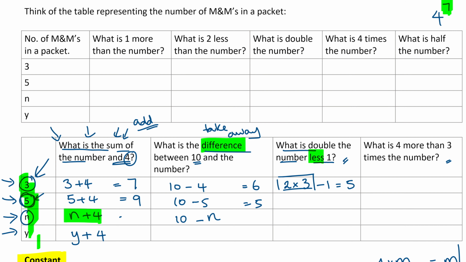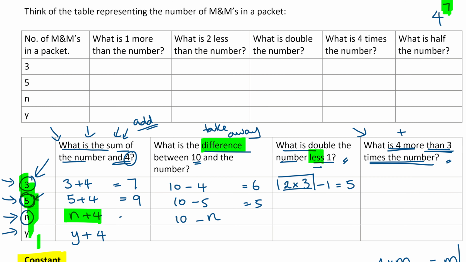So let's move to the next example here. What is 4 more than 3 times the number? More means to plus, to add. Less means to take away, right? We've got to make sure we do the times first, okay, guys?